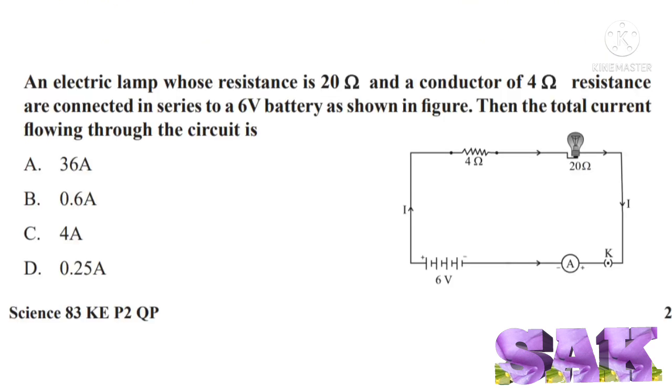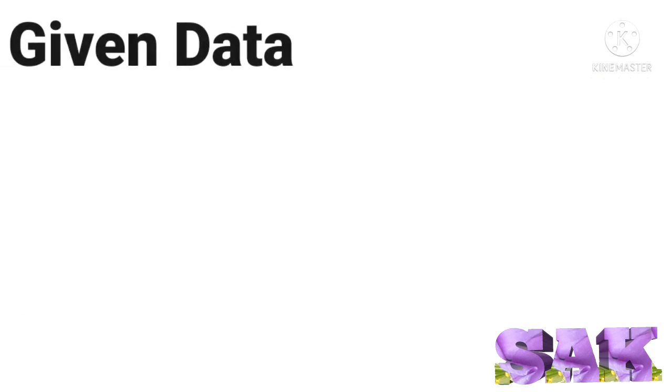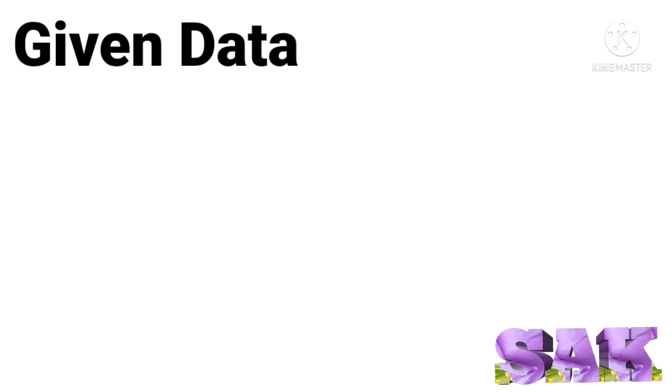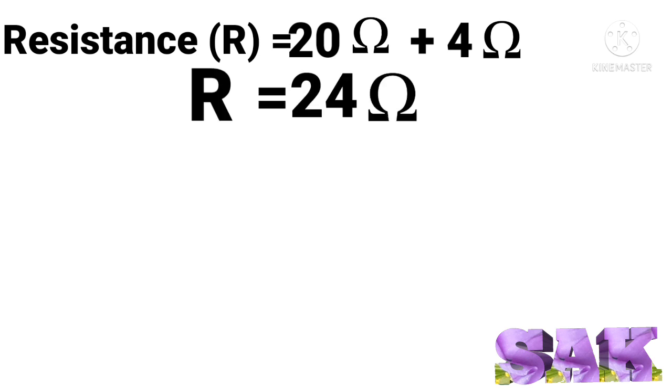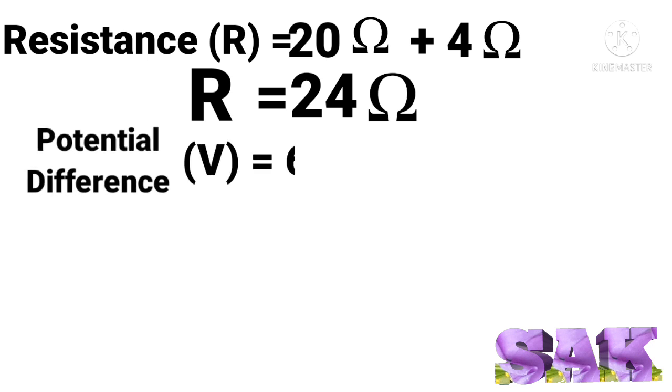Next question, an electric lamp whose resistance is 20 ohms and a conductor of 4 ohms resistance are connected in series to a 6-volt battery as shown in the figure. Then the total current flowing through the circuit is. Data given are resistance 20 ohm and 4 ohm which is connected in series, so total resistance is 24 ohms. Potential difference V is equal to 6 volts.